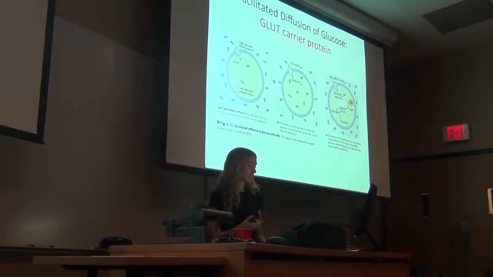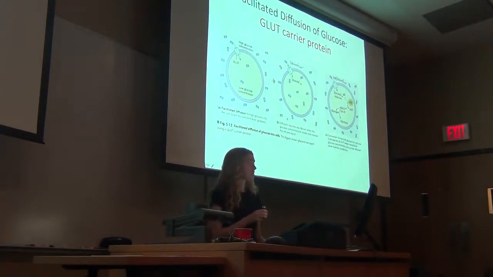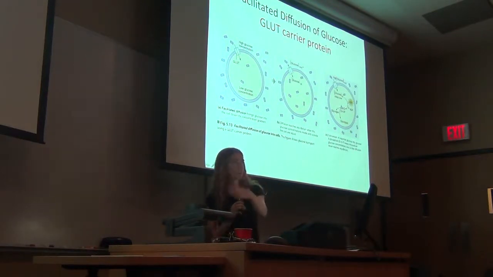And cells actually have a little trick to keep this process going, so they can prevent equilibrium from ever being reached. And they do that by, once the glucose comes into the cell, it is available to the enzyme that converts it to glucose 6-phosphate, which, if you remember from the last lecture, is the first step in the glycolysis pathway. So what happens now? So glycolysis proceeds, and that molecule gets channeled through all the enzymatic reactions of glycolysis.